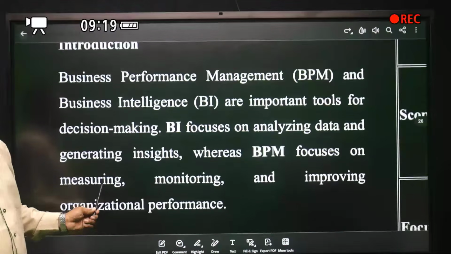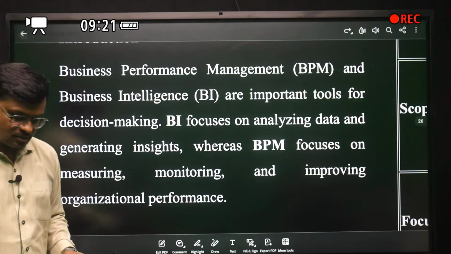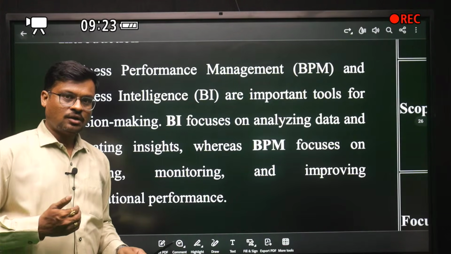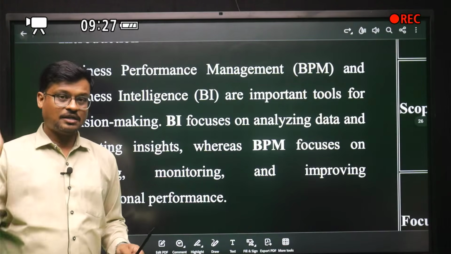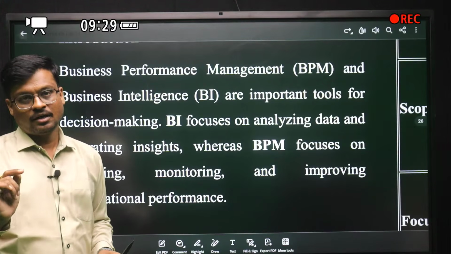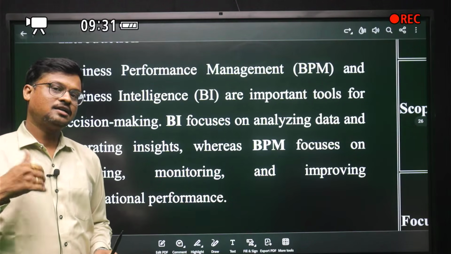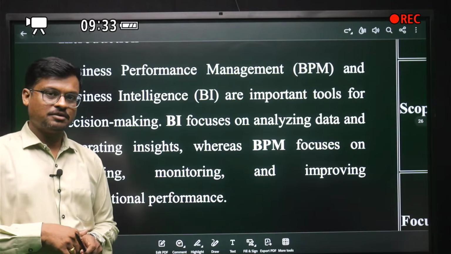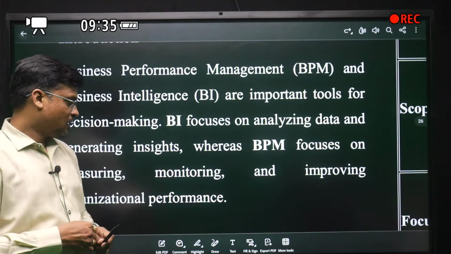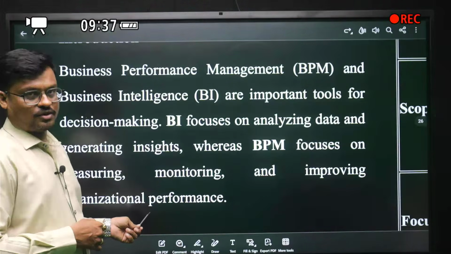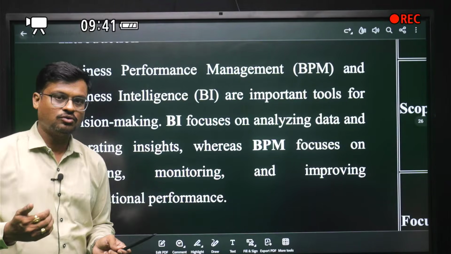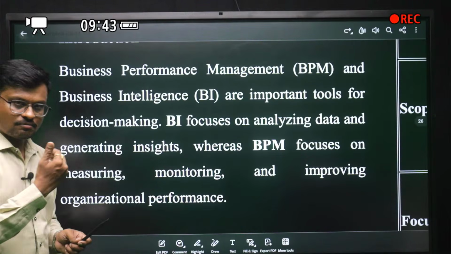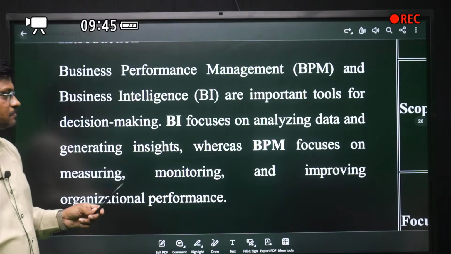To make it simpler, BPM says how to organize your data, BI says how data was organized previously. BI works on the historical data and it predicts. BPM gives you the measures, the monitoring, and it also improves the performance. So how to manage the data, how to maintain the data is your BPM. How to do your business is your BPM.